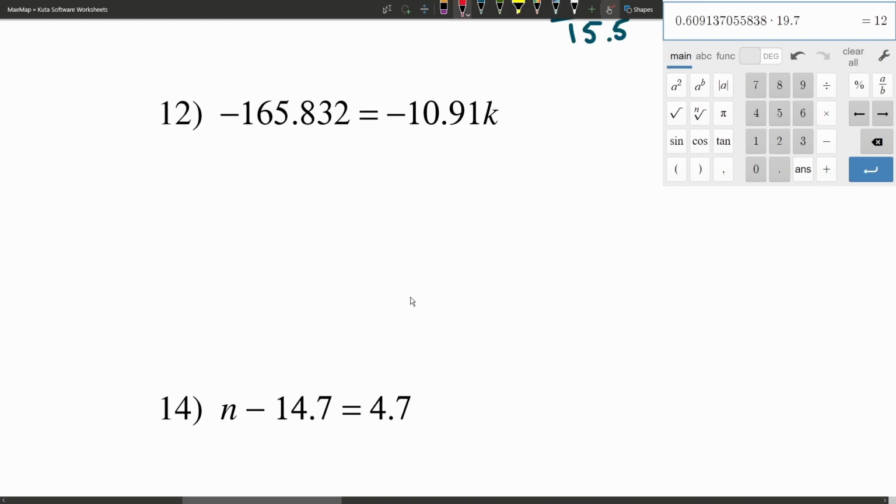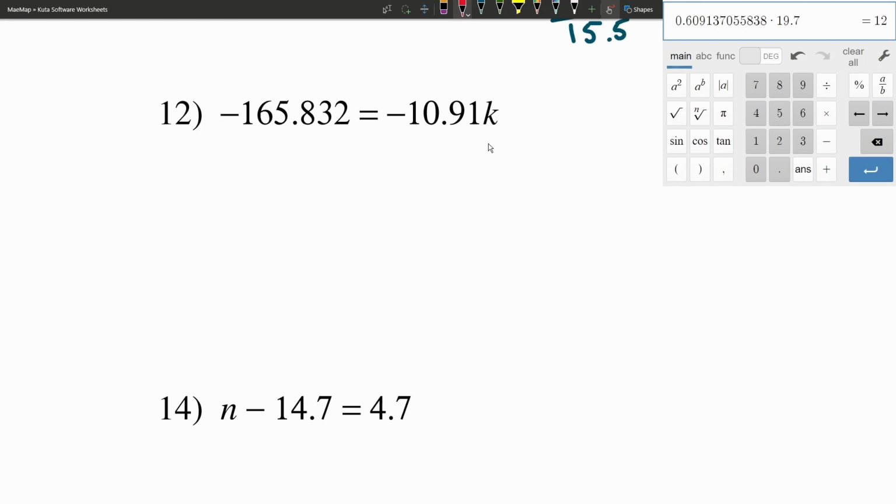In number 12, probably want to use the calculator again for this one. We have negative 10.91 multiplied by our variable, so in order to isolate that variable, we're going to divide by what it's multiplied by. So we're going to divide by negative 10.91, and we're going to do so on both sides.